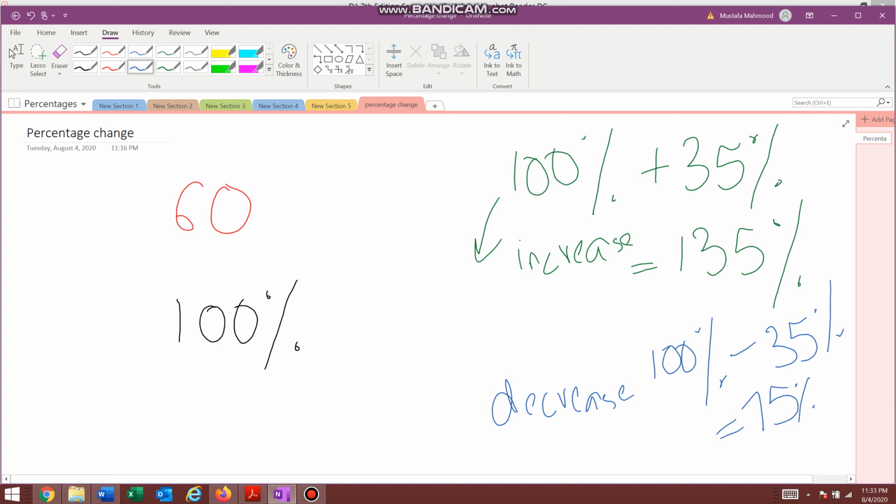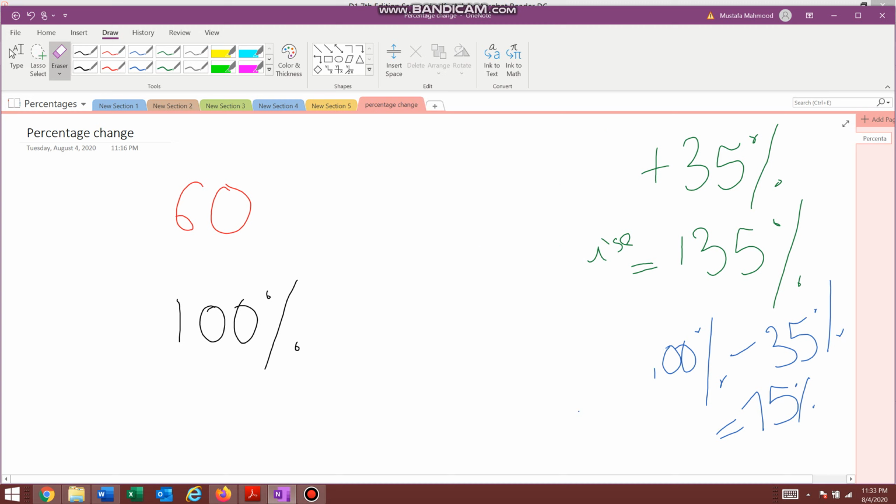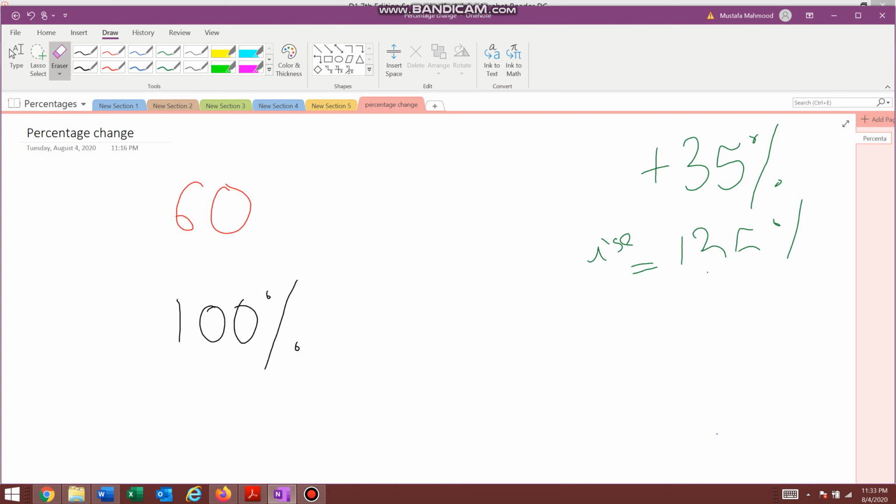ठीक है? तो जब आप कहते हैं कि 60 को 35% increase कर दो, 60 itself is 100% right now. You have to find out its 135%. ठीक है? Now, the method that I'm going to teach you for doing this will probably be a bit new for you. It's not, let's say, a proper method.